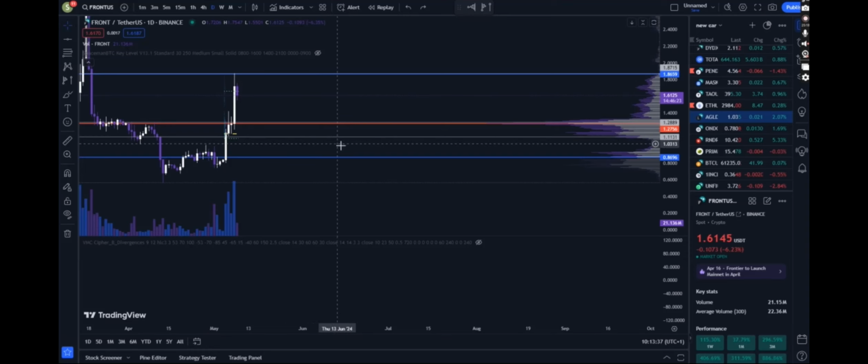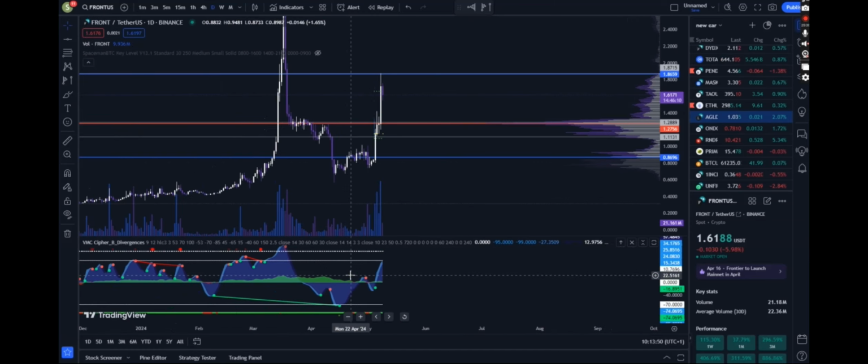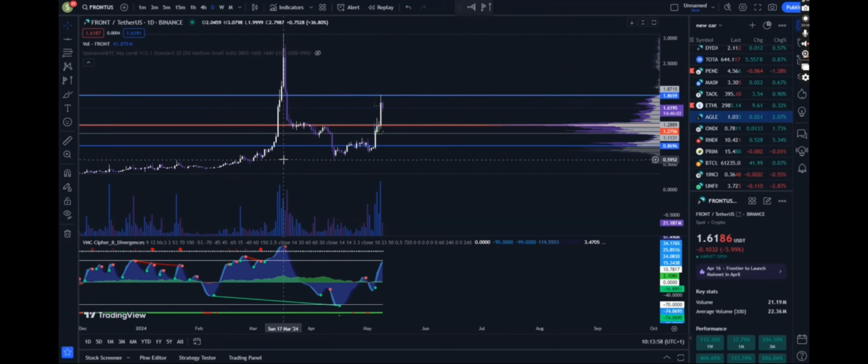Let's see its reaction, let's see how it does. But like I say, this was just a quick one on volume profiles and how you can actually use them. And you can also implement market cipher at the same time. How you got your money outflowing at this area.